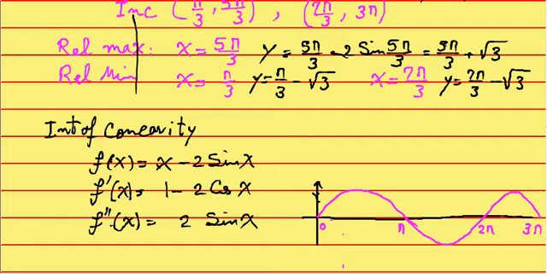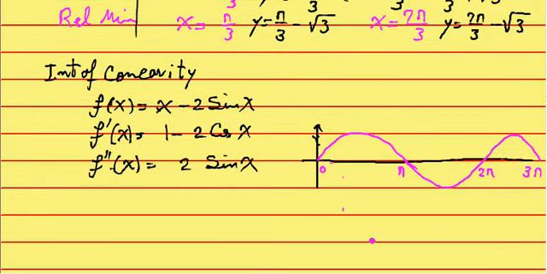Graph of sine of x is going to be positive from 0 to pi, and then again from 2 pi to 3 pi. That's where second derivative is going to be positive. That's going to make the function, original function, to be concave up.